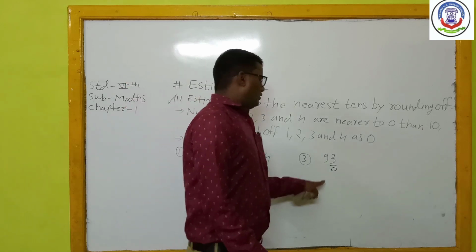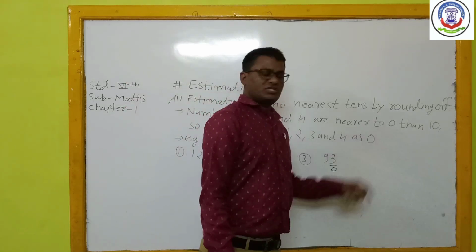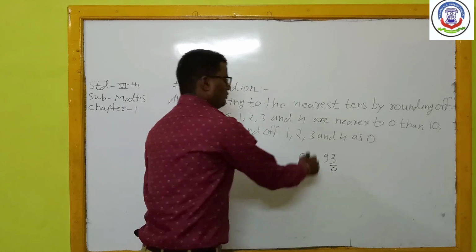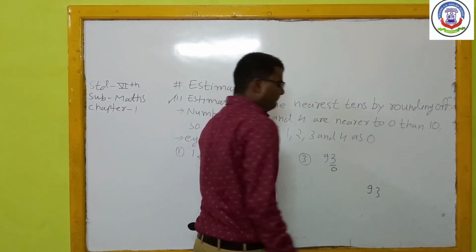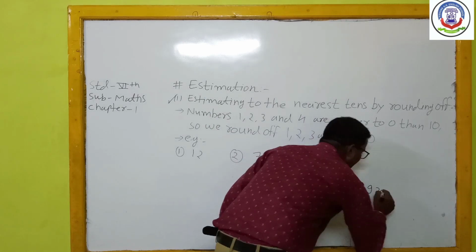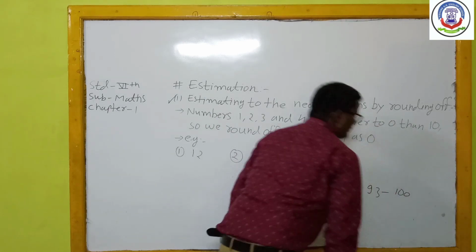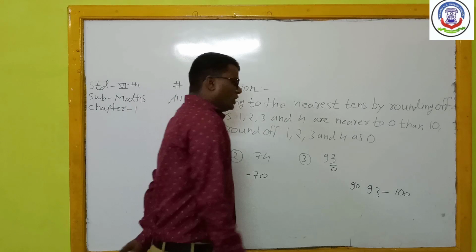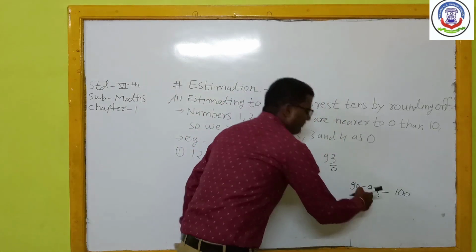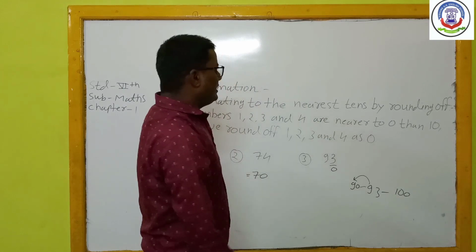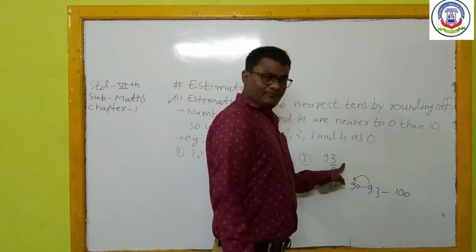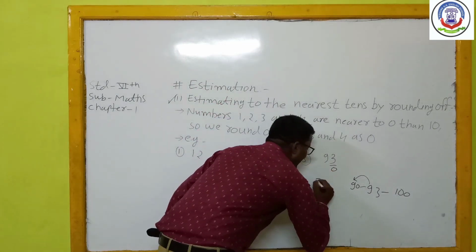So we will round it off as 0. Why? Because 93 comes between 90 and 100. So you can clearly see that 93 is nearer to 90. So I'll round off 93 as 90.